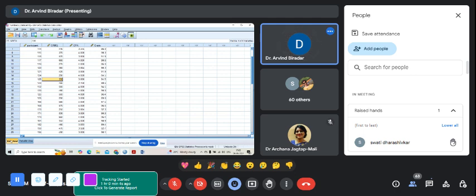Quantitative score, cumulative GPA, and grade. Okay. So GPA one can use to predict the performance in that course. Okay.